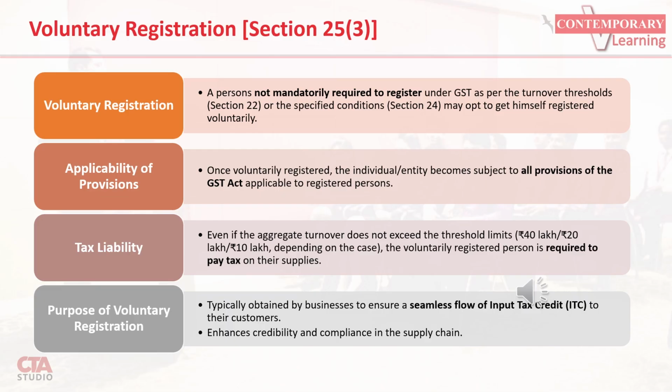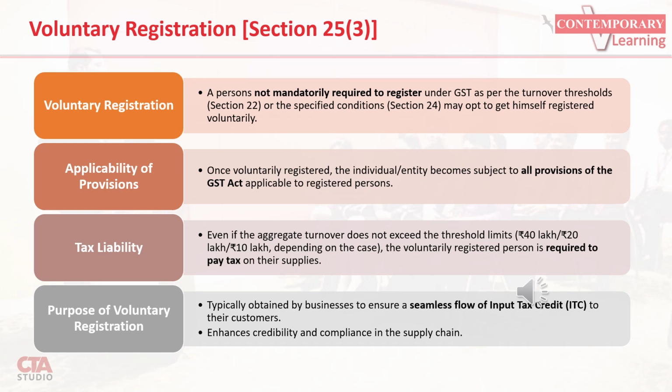Tax liability. Even if the aggregate turnover does not exceed the threshold limits, whether rupees 40 lakh, 20 lakh or 10 lakh, depending on your case, the voluntarily registered person is required to pay tax on their supplies. You cannot escape tax liability by claiming voluntary registration. Purpose of voluntary registration.